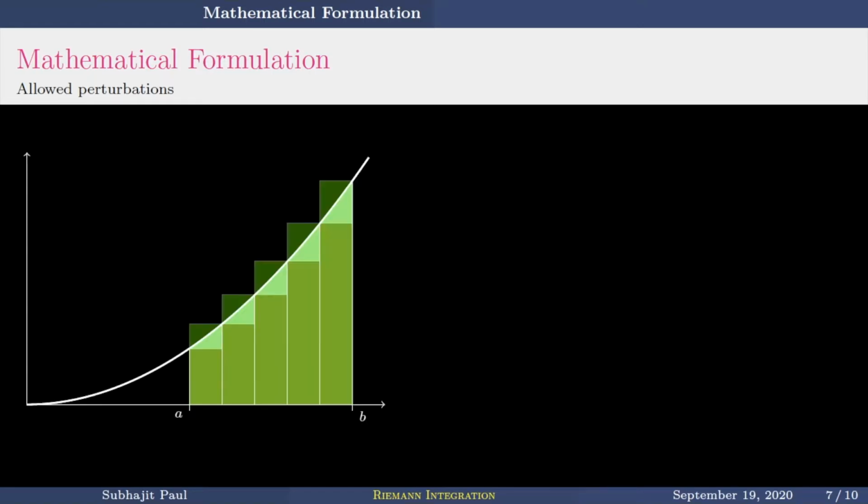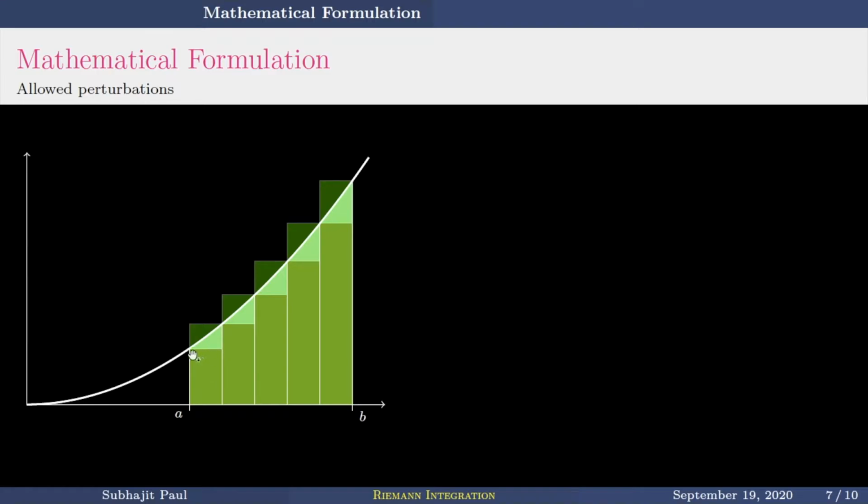Okay. So mathematical formulation. Now allowed perturbations. What do I mean by perturbation? Now we have allowed one liberty in this process so far, that is choosing the height of the basic rectangles. We have chosen the height of basic rectangles in two ways. Here I have chosen the height of the rectangle as the functional value at the left extremity at every point of subdivision, right?